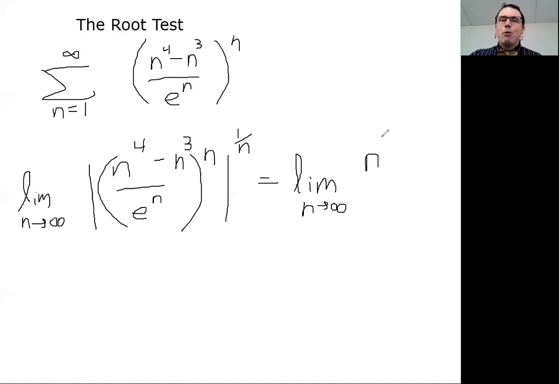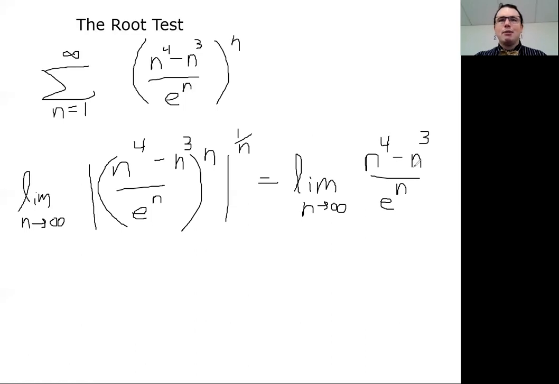And what I was saying before is that this numerator is never negative. So once again, I have a problem where the absolute value bars were just redundant for the series that I wrote. And that's okay. Now I need to compute this limit.